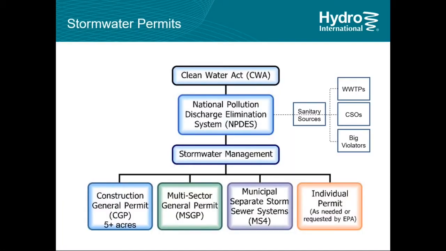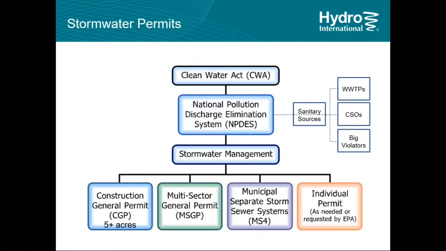So, just to jump right in, let's talk about stormwater permits. There's multiple types of stormwater permits. For those that aren't familiar, they come from the Clean Water Act or the NPDES. Essentially, the permits that are out there are construction permits, typically 5 acres plus. There's the multi-sector general permit.